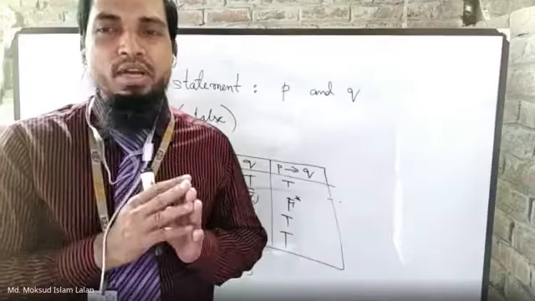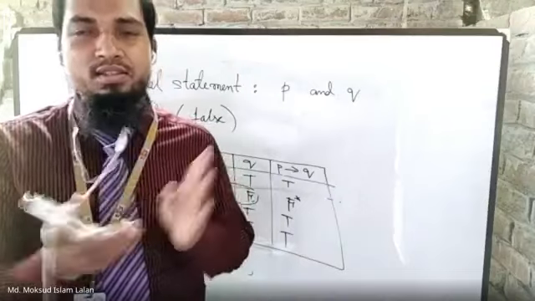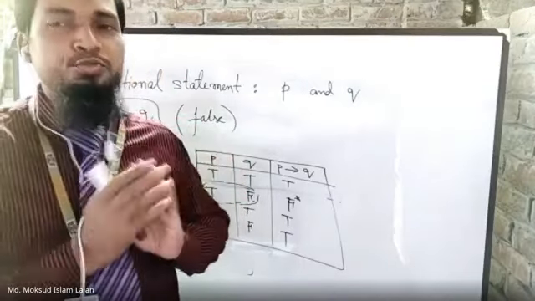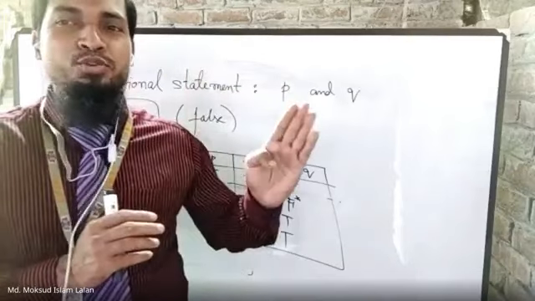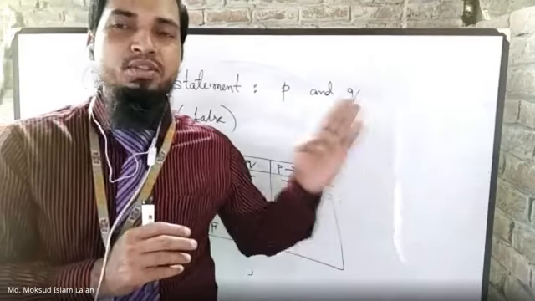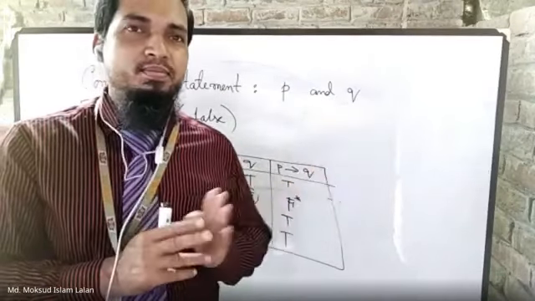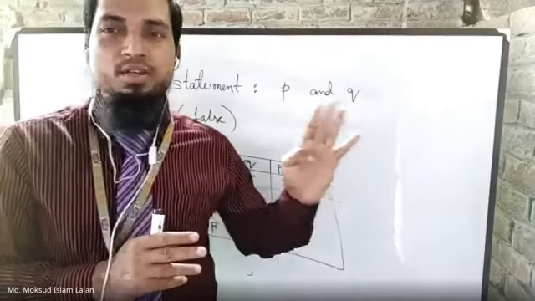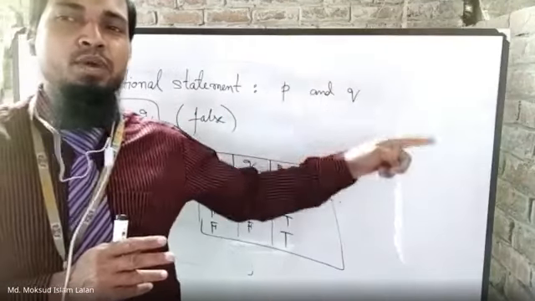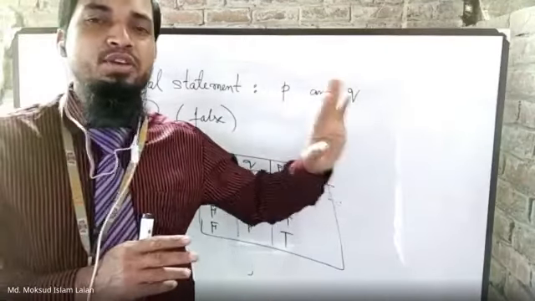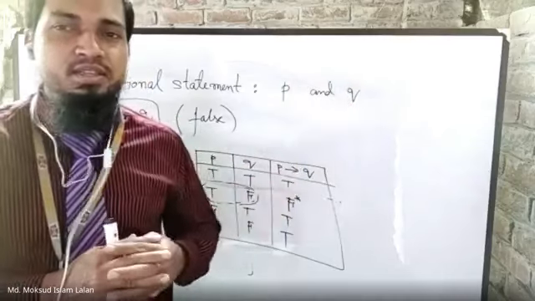There are four, forgetting about the negation. If you summarize: when both are true, the result is true, that is conjunction. Otherwise false. That is the conjunction definition.